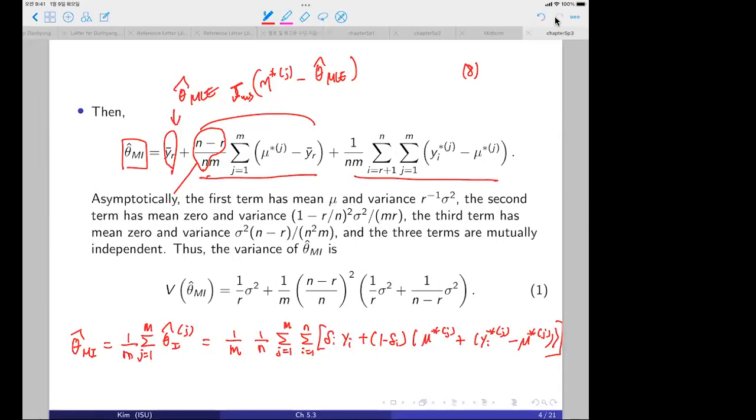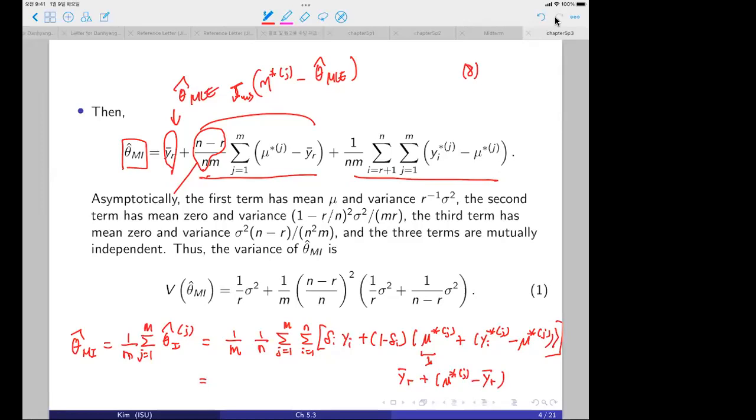When delta I equals 1, you don't do anything; you have just the observed one. When delta equals 0, you have imputation, which means you first generate mu J star and then generate the error. This is also written as y bar r plus the posterior part plus the error part.